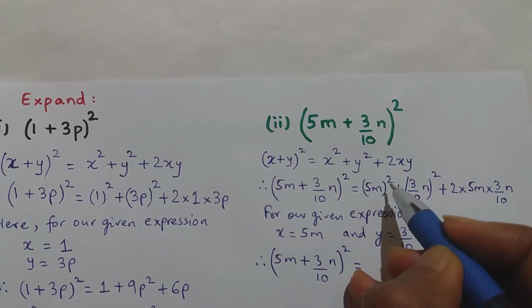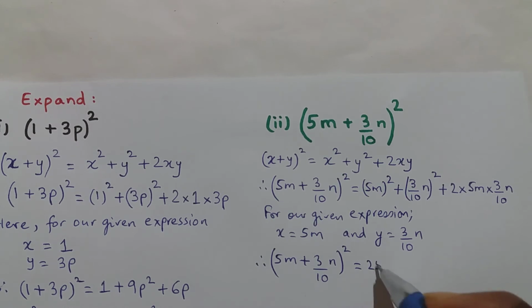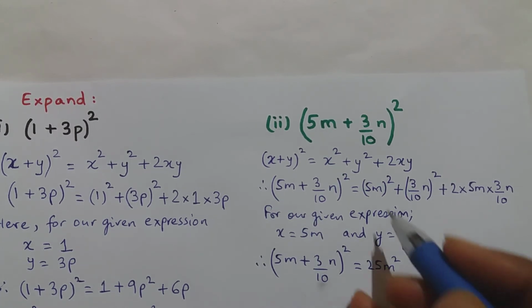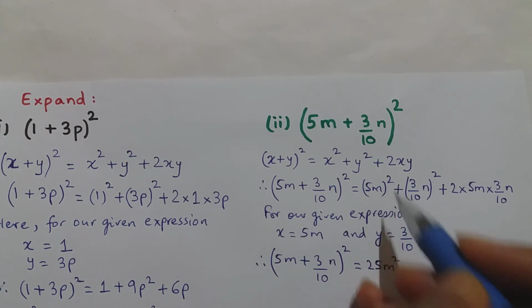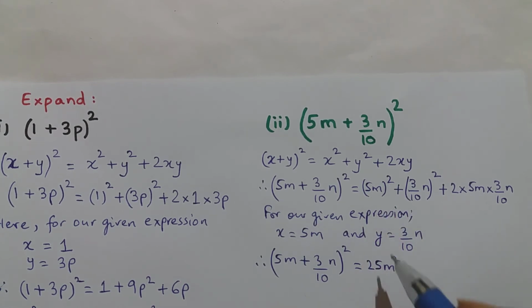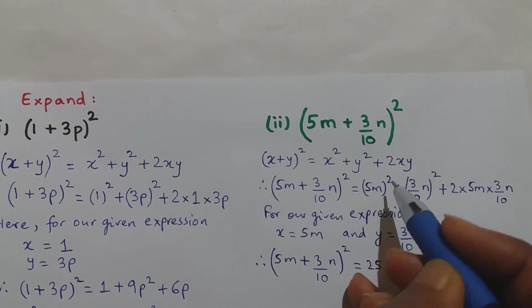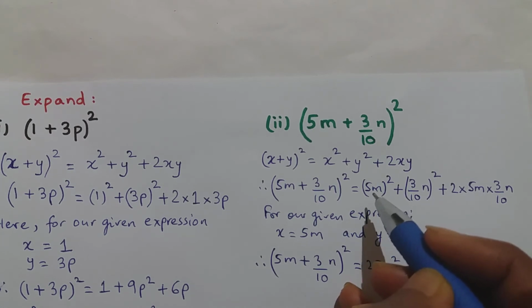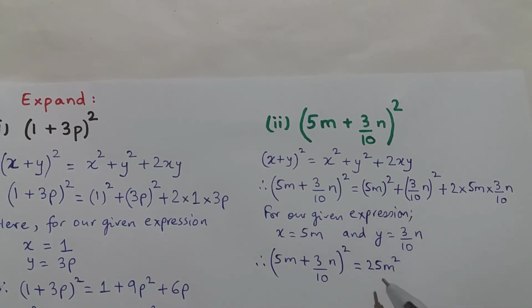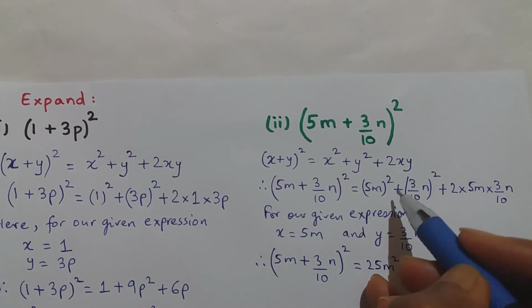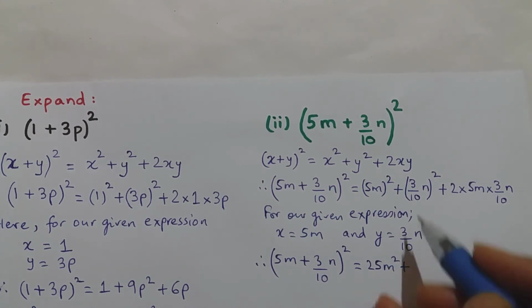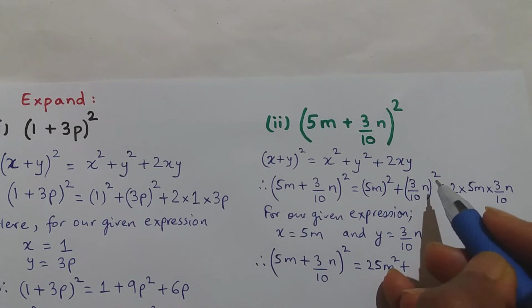So (5m) whole square is 25m square. This comes from the knowledge of exponents. (5m) whole square is 5m into 5m, and 5m into 5m is 25m square, plus (3 by 10 n) whole square.